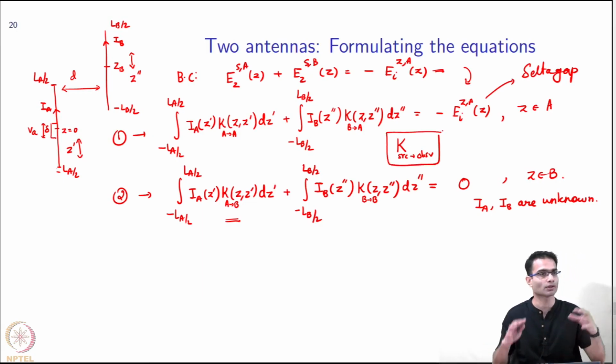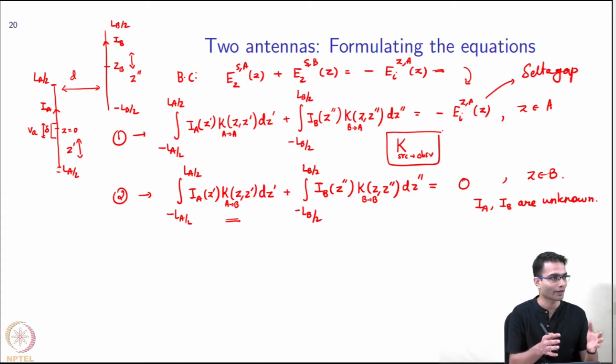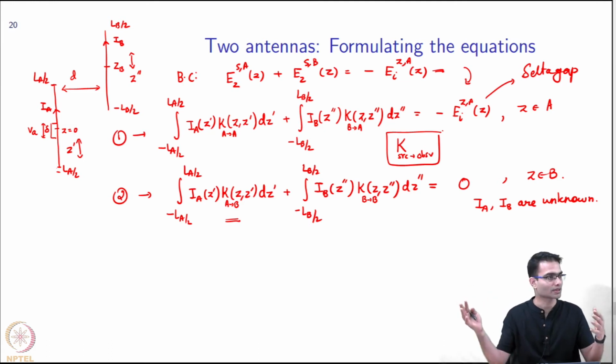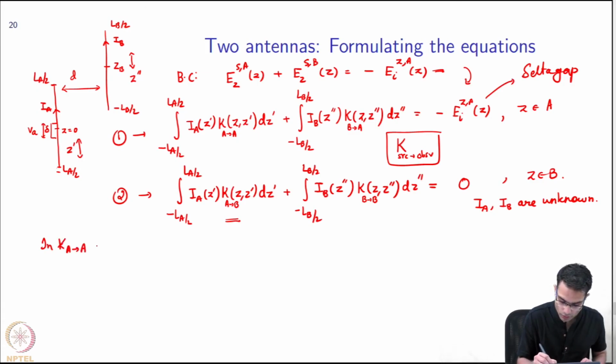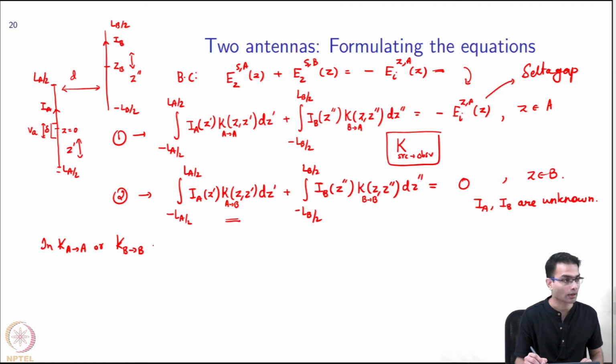Otherwise everything looks like K, but in fact the Z and the Z prime correspond to the source and the destination. So what is the source and what is the destination? That is to make it very explicit. So in K A to A or K B to B, I have a Green's function which has an R. What will that value of R be?